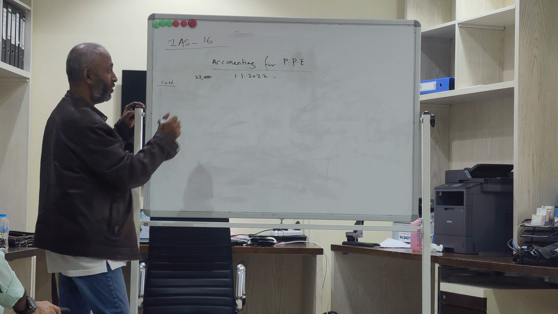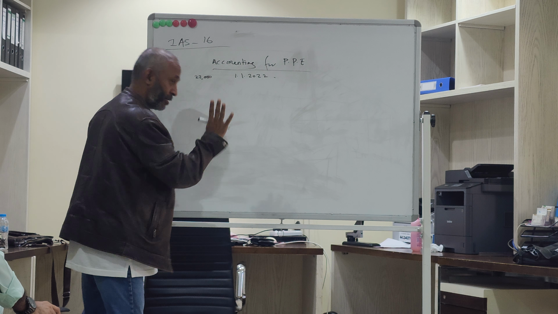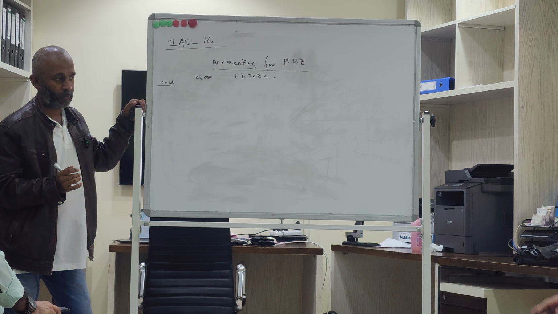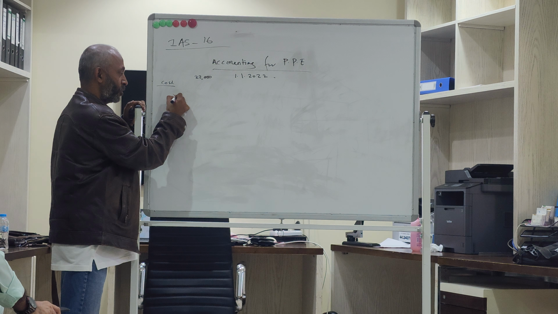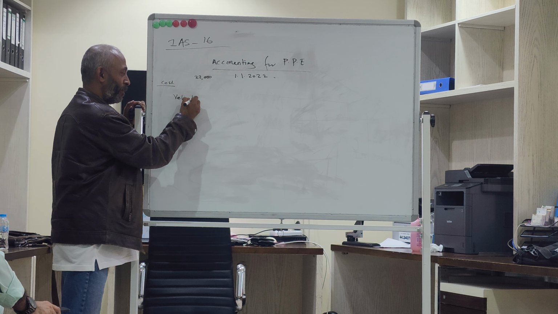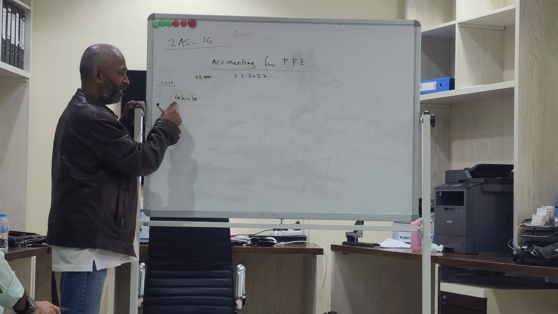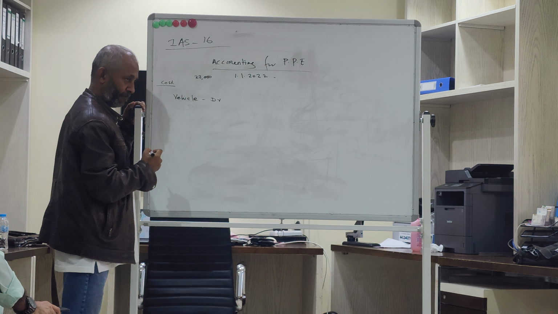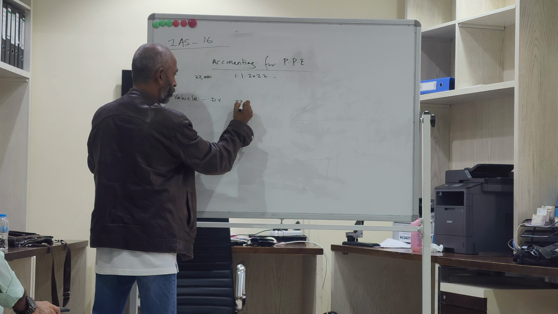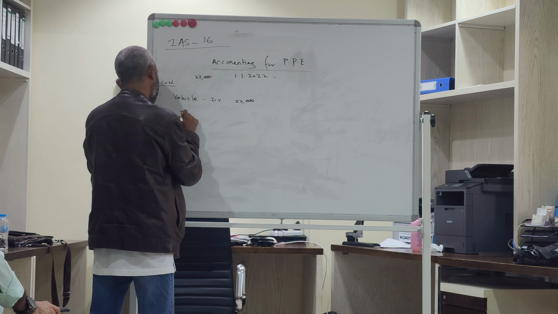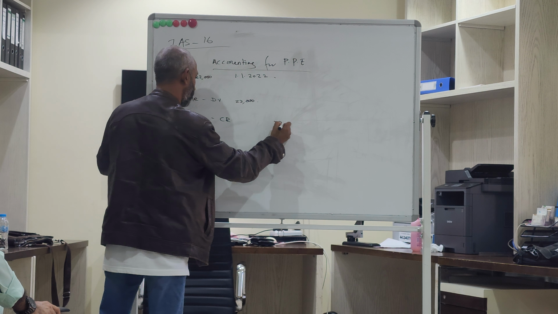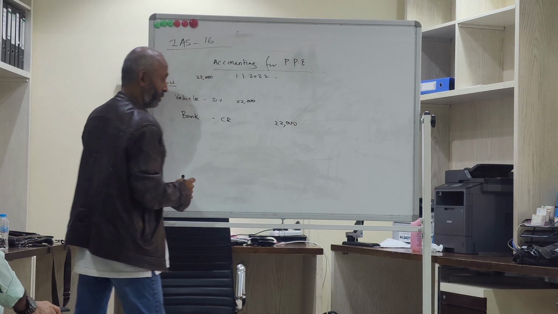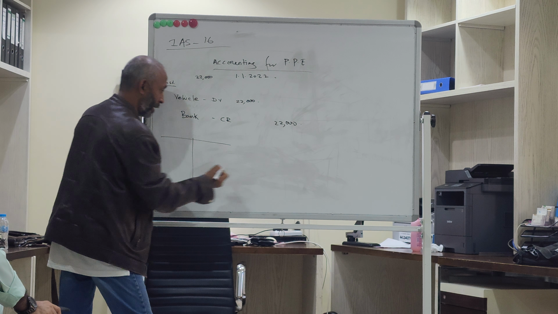I have paid this by check or bank transfer. Vehicle, I will debit 22,000, and bank, I will credit 22,000.